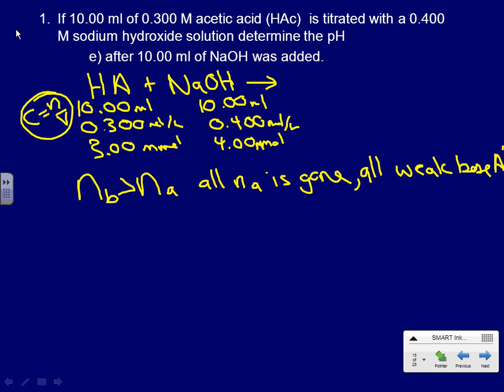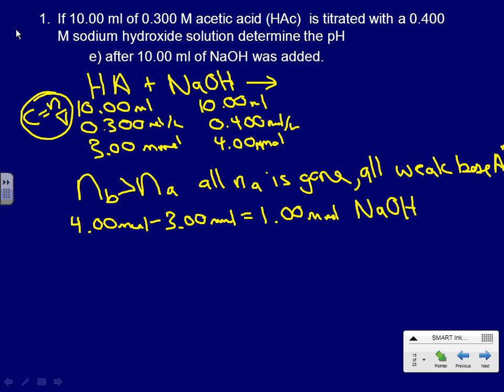All right? Now, it's weak. We don't care about that weak base. Actually, in this case, 4.00 millimoles minus 3.00 millimoles means that there's 1.00 millimole of NaOH left. It's excess. It is this that is going to determine the pH of the solution.